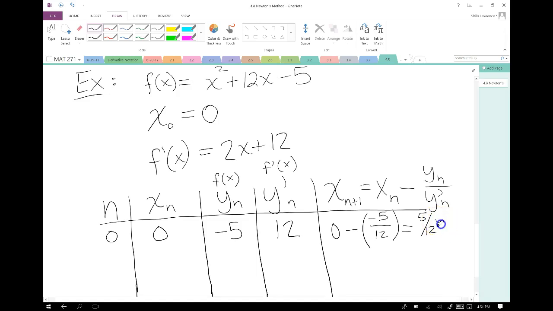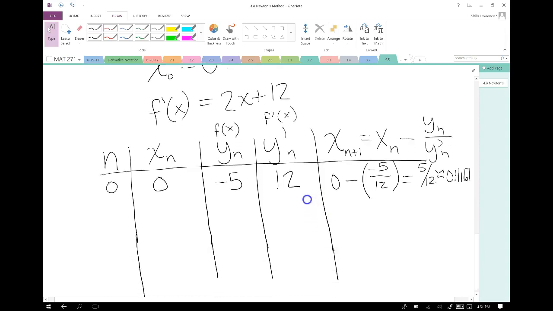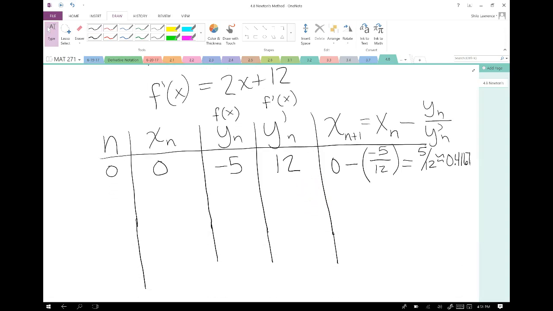And 5/12 is 0.4167. And we're going to repeat this process, and that 0.4167 is now our new guess that we repeat this whole process with.